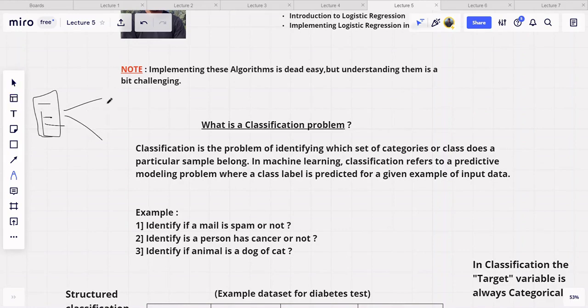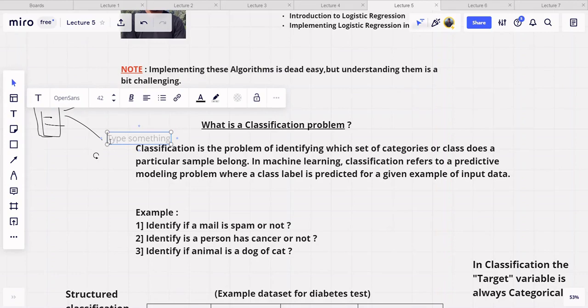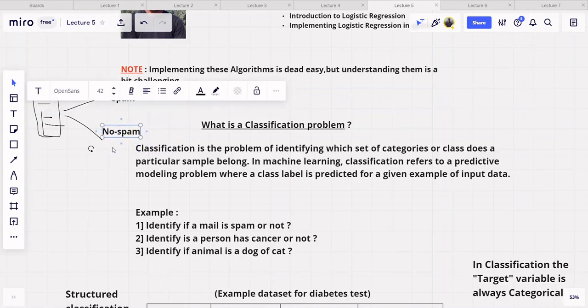If the mail is a spam, then it predicts that the mail belongs to the spam class. And if the mail is not a spam, then it assigns a class of no spam to the mail. So in simple words, it just identifies a particular class that the mail belongs to.